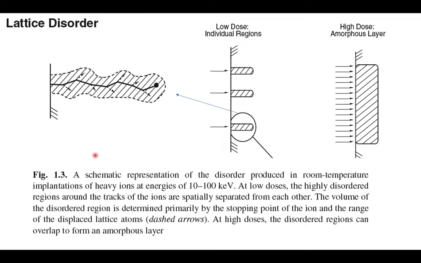Fine. This again is the damage or disorder of the solids that takes place because of ion bombardment. Another thing is the dose. Dose is how many ions per unit area you are bombarding. If your dose is low, for example if one ion passes, you make damage only along that path. But if you increase the dose, then of course you can uniformly damage and implant the ions.